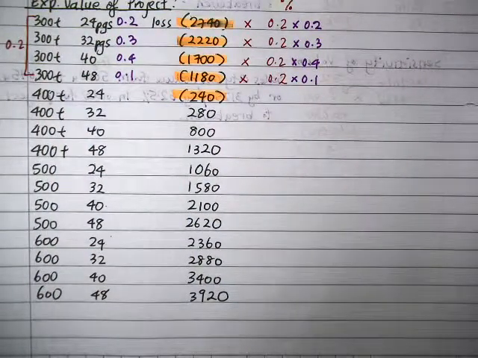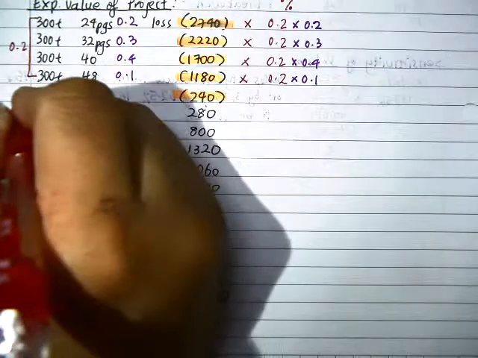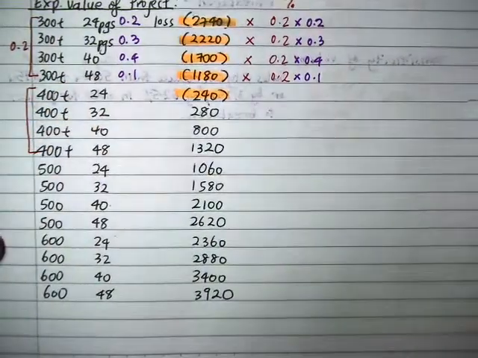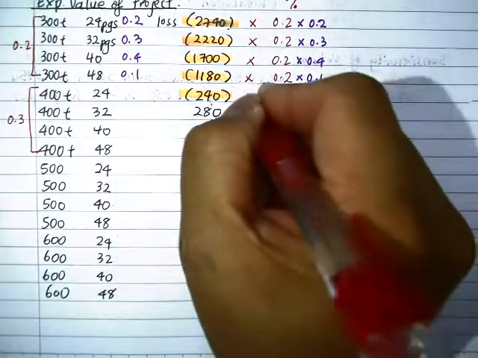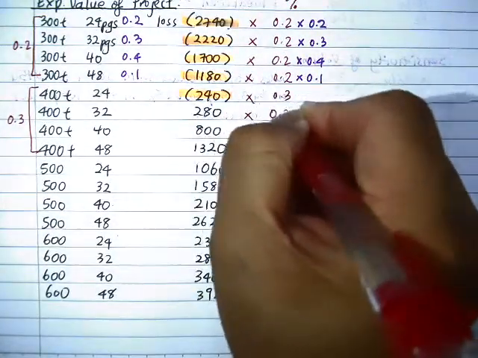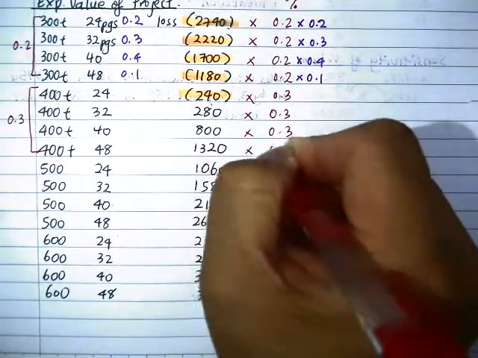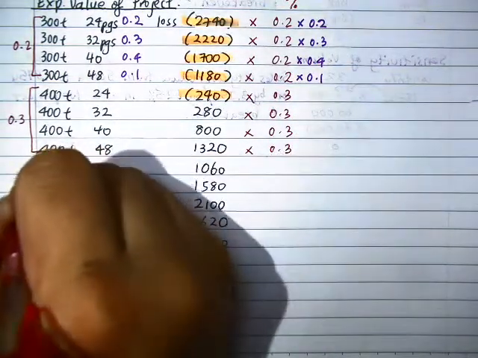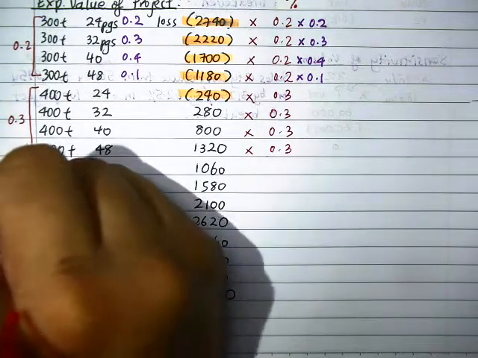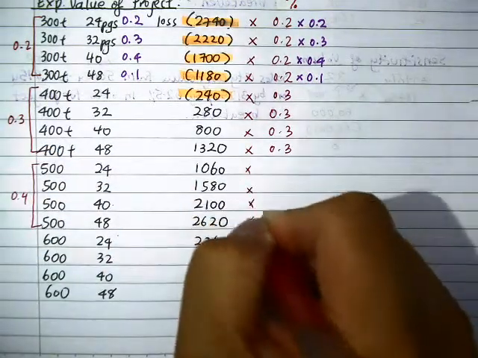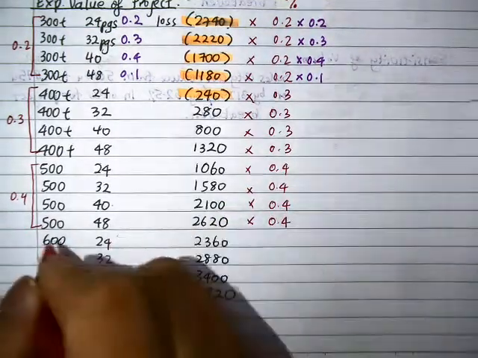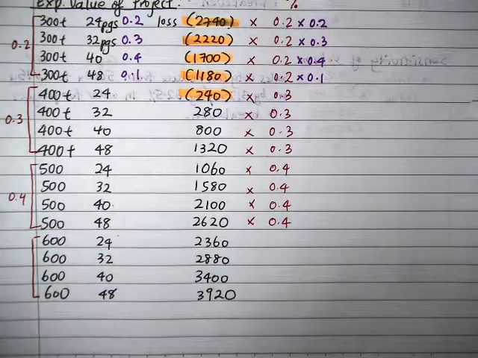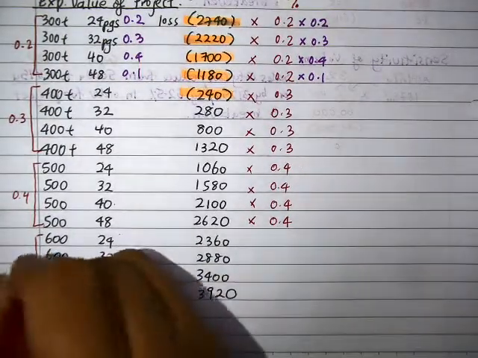Then you replace. So when you replace, you change this into the probability for 400, which is 0.3. So 0.3, 0.3, 0.3, 0.3. Then 500 is 0.4. And 600 is 0.1.